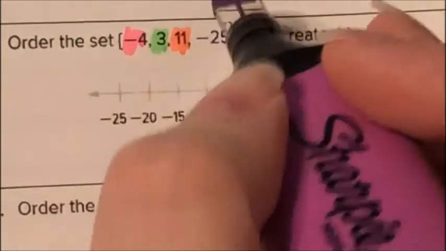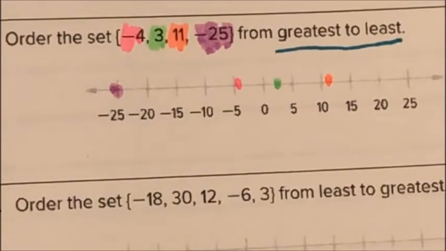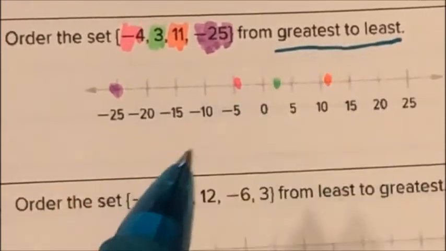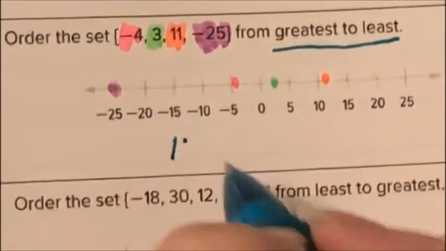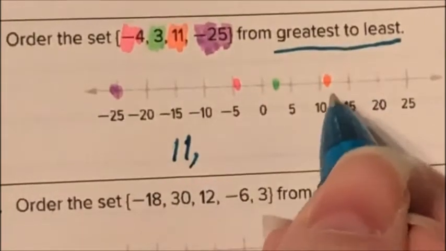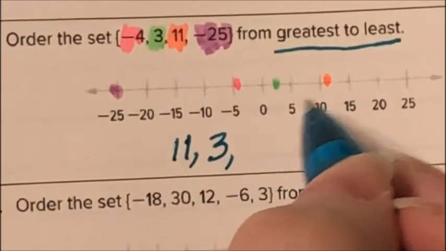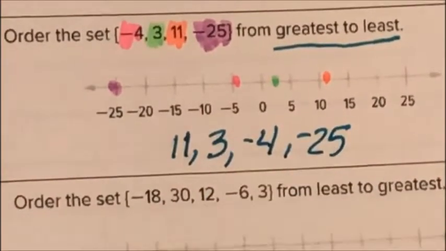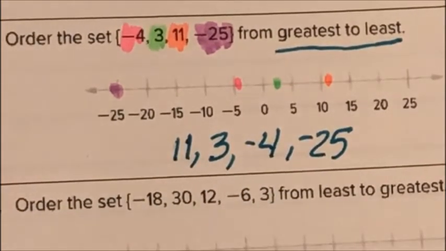And negative 25 is right there. Okay? So I'm going from greatest to least, so that's the biggest number to the smallest number. I'm going to start at the right. So I have 11, then I have the green, which is 3. And then I have negative 4 and negative 25. So that's from greatest to least.